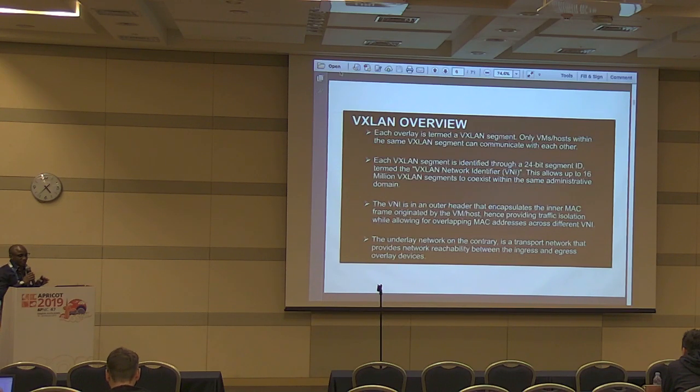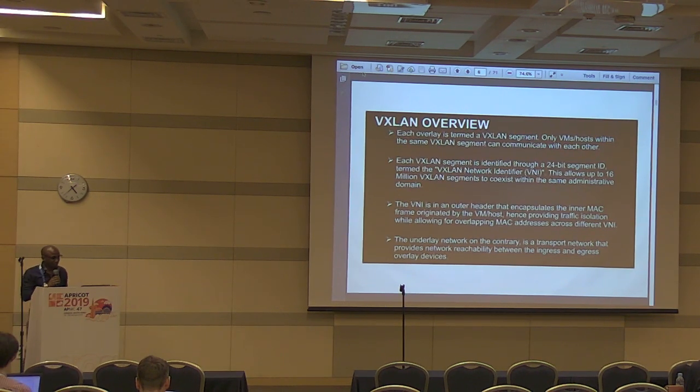The Vxlan segment is in turn identified using a 24-bit segment ID. Theoretically, that gives you 2 raised to the power 24, which is around 16 million. In real life, however, I believe most vendors actually support around 16K VNIs.